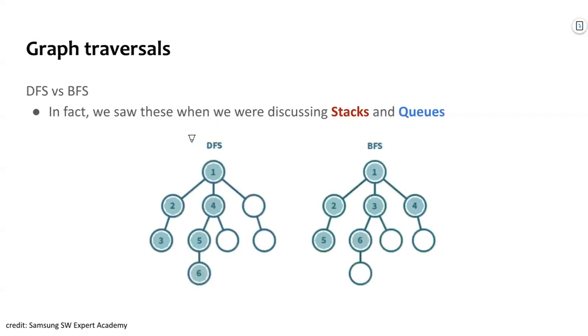And this is the illustration of DFS and BFS. So what we are doing is we first start from this node and go as far as we can go. We reach the end and come back and start visiting other nodes again.